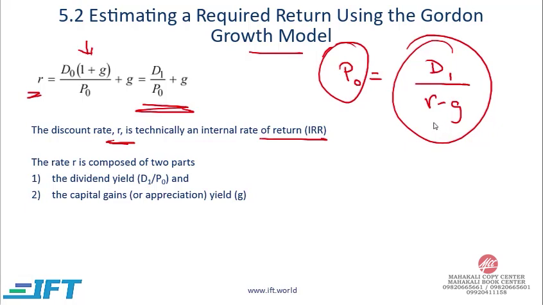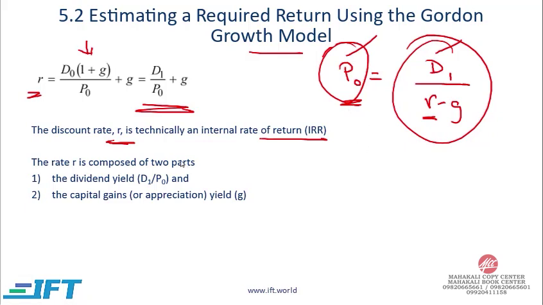So notice that given a P0, given a D1, and given a G, R is simply that rate which is making the present value of future cash flows equal to the current price, which is technically the definition of IRR. So that is all that we are saying over here.